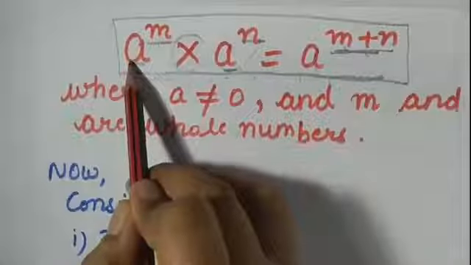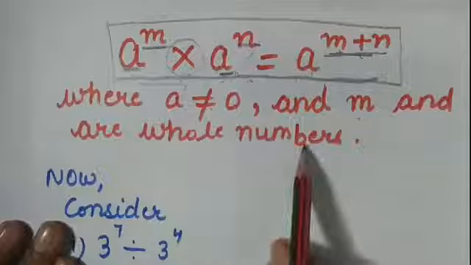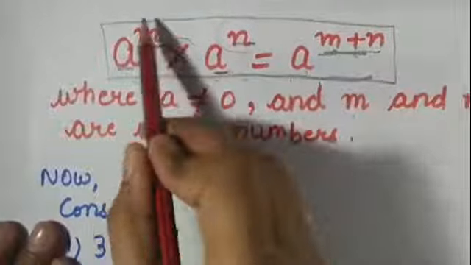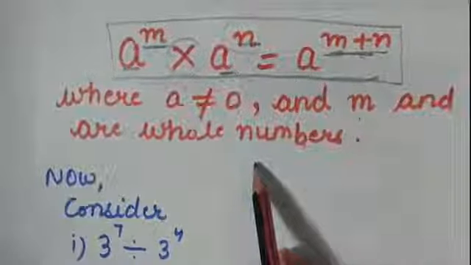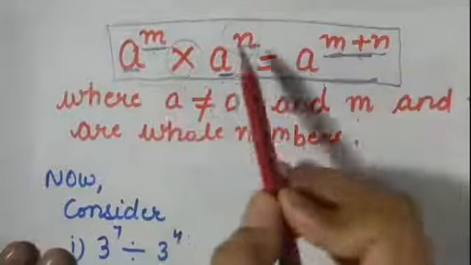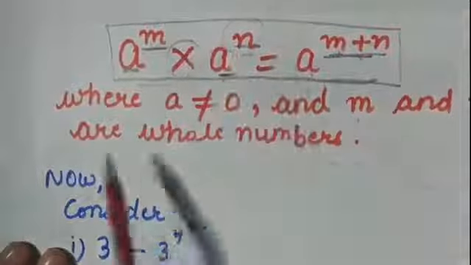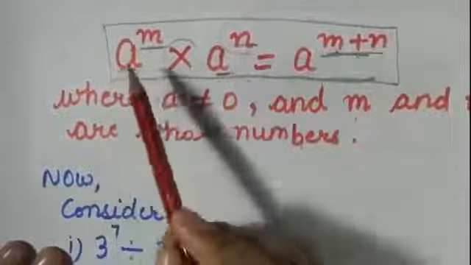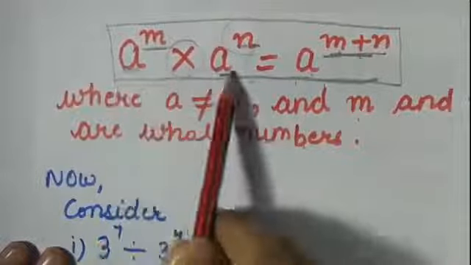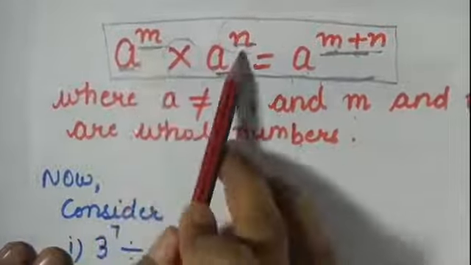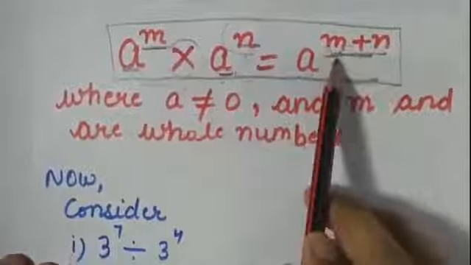The value of a should not be 0, and m and n are whole numbers. These do not belong to negative numbers, because whole numbers involve 0, 1, 2, 3 and so on. So m and n always belong to the whole numbers. So this is our first law, that whenever you multiply any two exponential numbers having the same bases and different powers, or they may be the same also, the powers get added.